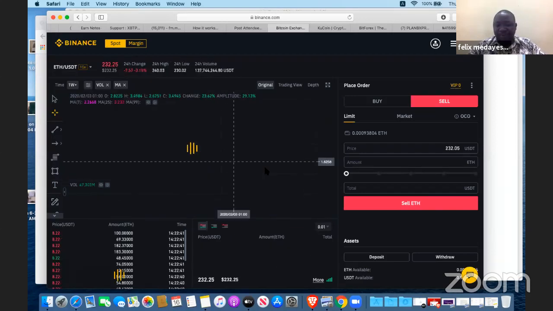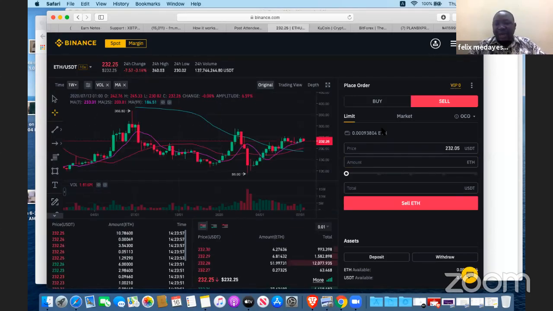This is it. Look at Ethereum. I bought Ethereum in dollars at $125. And Ethereum got to 288, I sold. So 288 now I have. When Ethereum came down to 92, I bought. I want to buy Ethereum at 92.